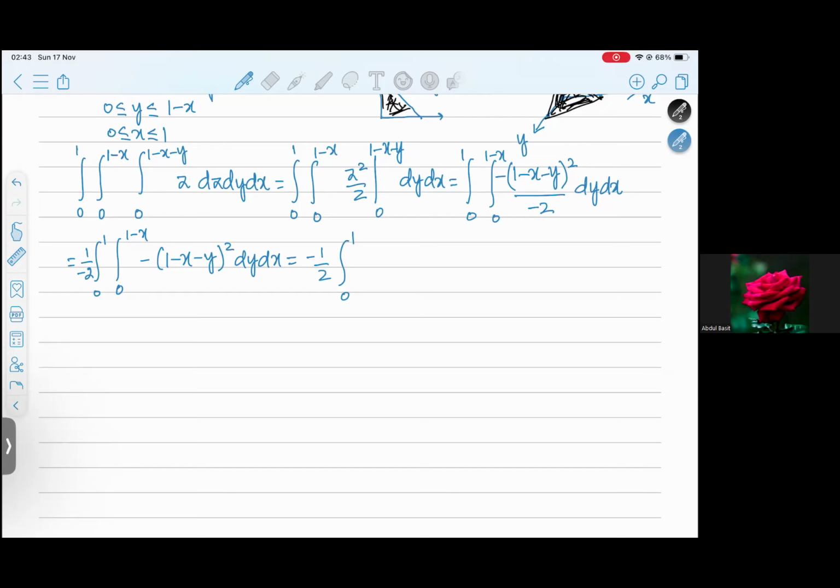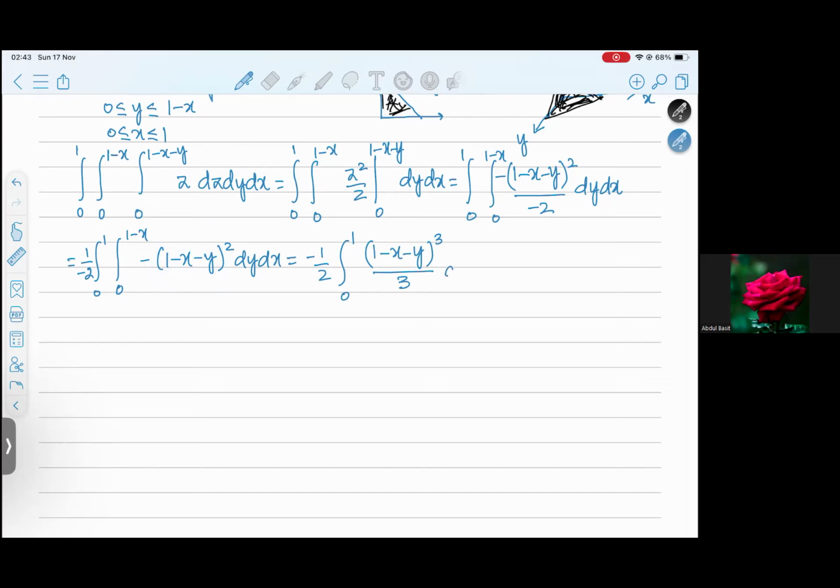And the integral of this function with respect to y: we will increment the power by one, so the integral will be 1 minus x minus y whole to the power 2 plus 1, which is 3, and we'll divide it by 3 as well.